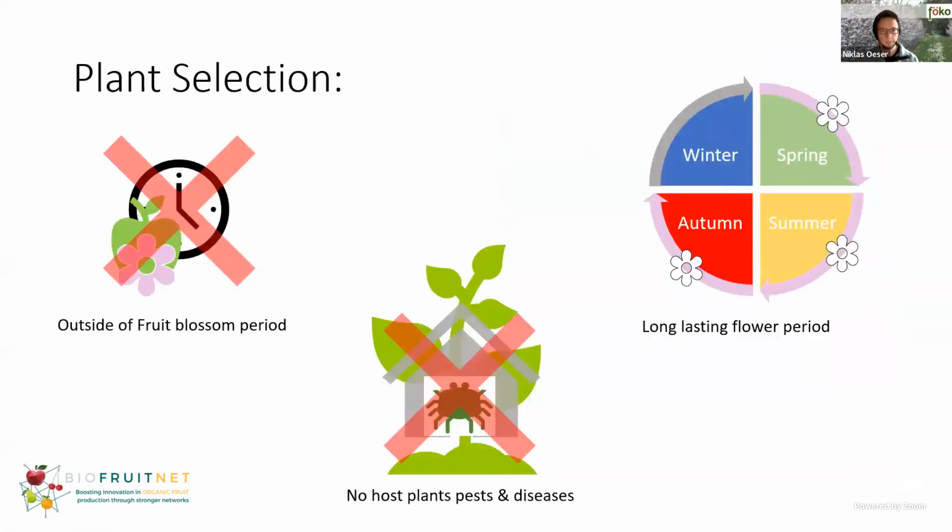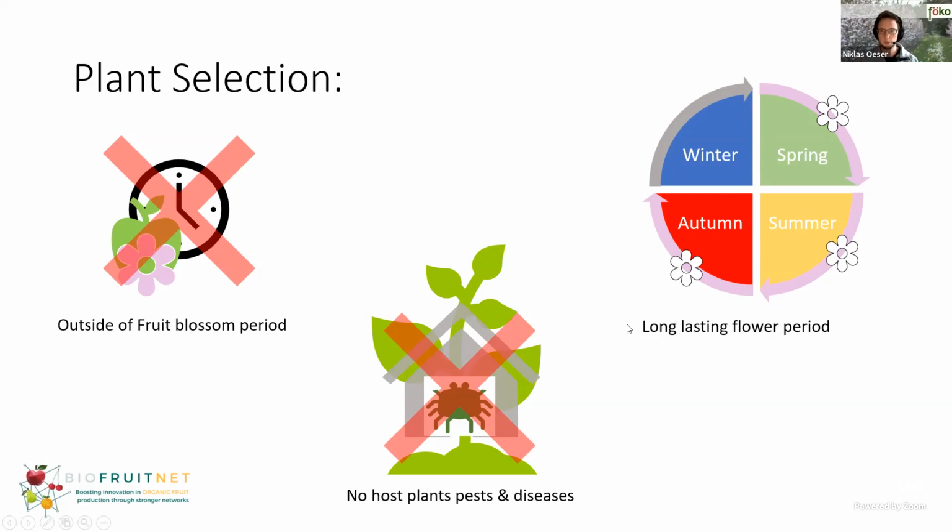So about the plant selection, what to keep in mind when you want to introduce these anchor plants in your orchards. The flower of these shrubs should possibly be outside of the fruit blossom period to not distract your insects from pollination of the fruit trees.